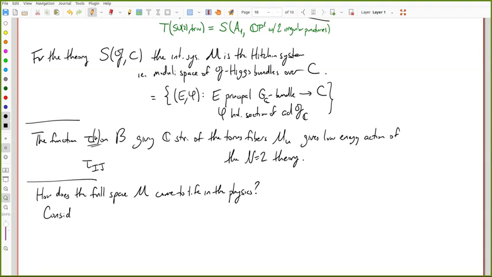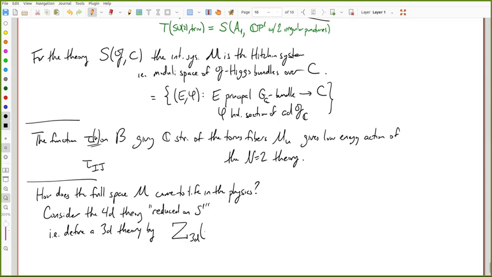Suppose we have this 4-dimensional theory, and suppose we consider the theory reduced on a circle. I have to say what that means. We'll define a new 3D theory, which assigns to some 3-manifold, I was calling my space X, just what the 4D theory assigned to X cross a circle.